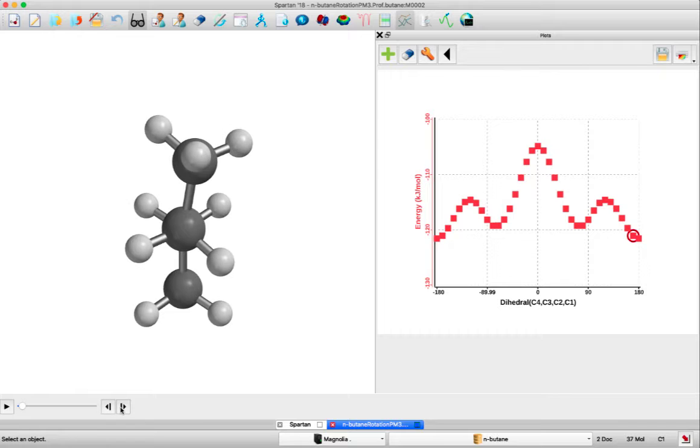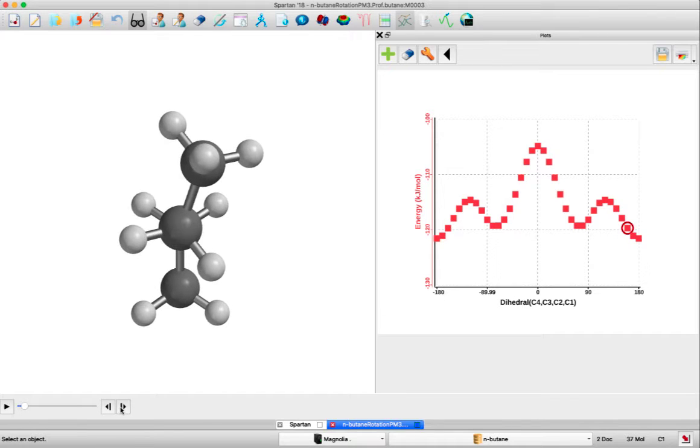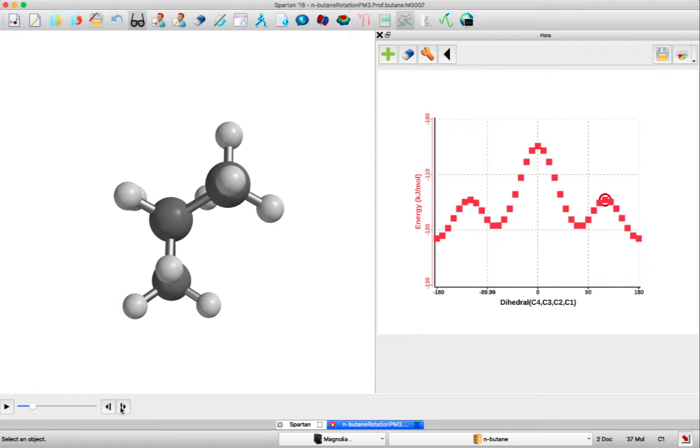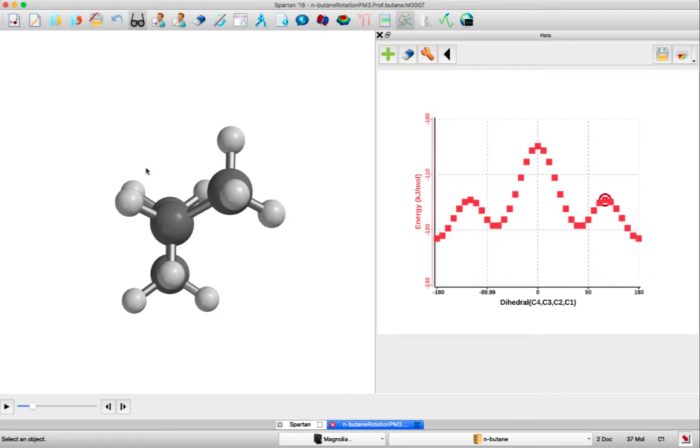So as we rotate, you can see that the energy in the plot is going up, and when we get to the position here, we have HH, H-methyl eclipsing. And so what we learned for the HH eclipsing, that's about 4 kilojoules per mole. The H-methyl eclipsing, that's about 6.